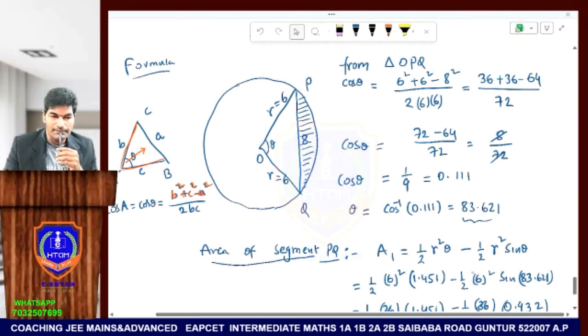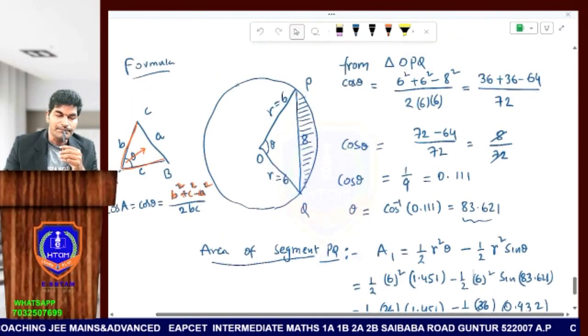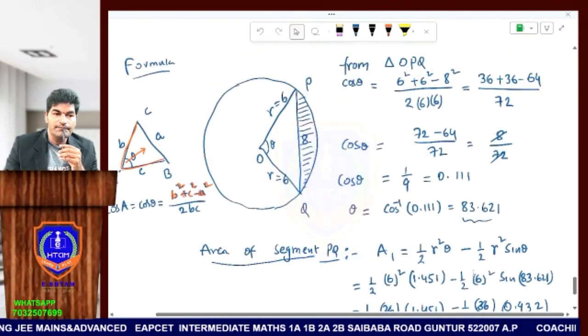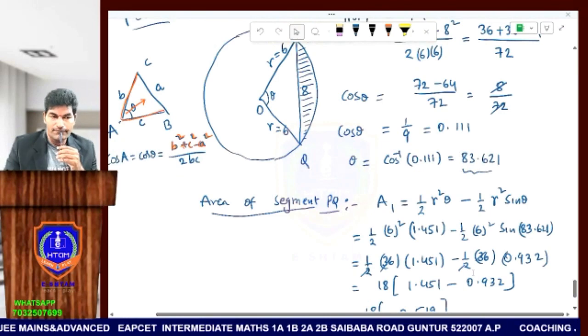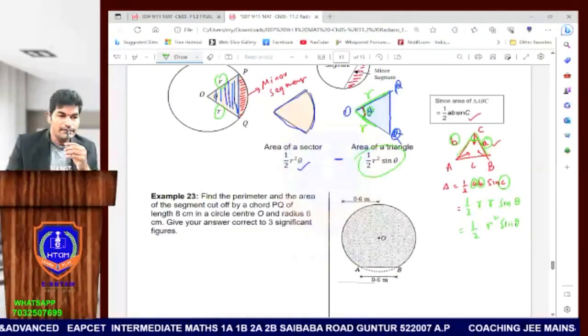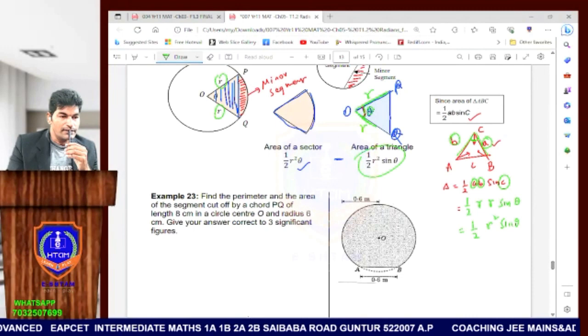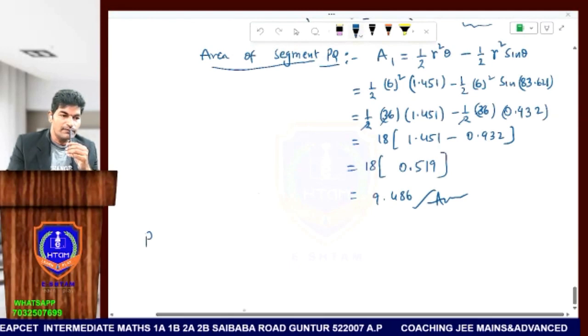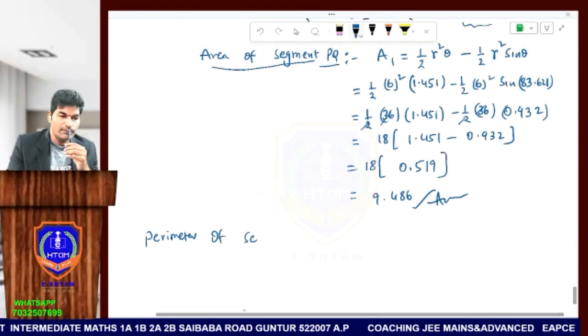Now we will calculate the sector. You know the formula, arc length equals r theta. And we will subtract the triangular perimeter. Write down next what he asked: give your answer correct to 3 significant figures. Find the perimeter. So write down the perimeter of segment PQ.